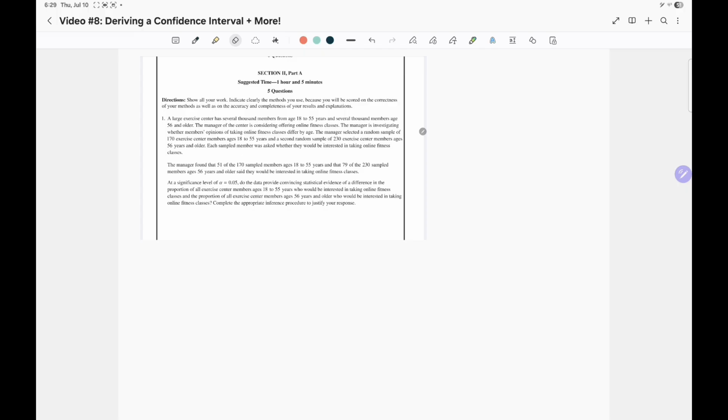The manager selected a random sample of 170 exercise center members ages 18 to 55 years and a random sample of 230 exercise center members ages 56 and older. Each sample member was asked whether they would be interested in taking online fitness classes. The important part here is, does the opinion differ by age? So we're going to be comparing these two populations very soon.